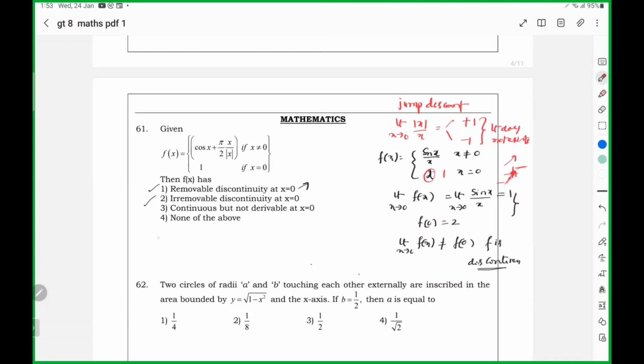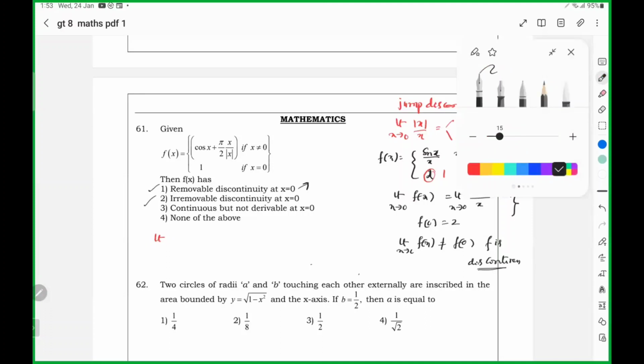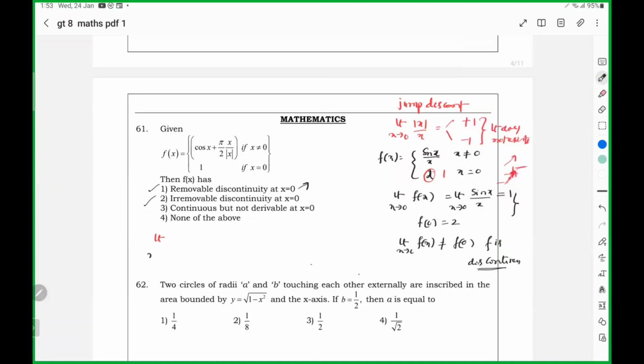Now let us see here. Limit x tends to 0 plus f of x.